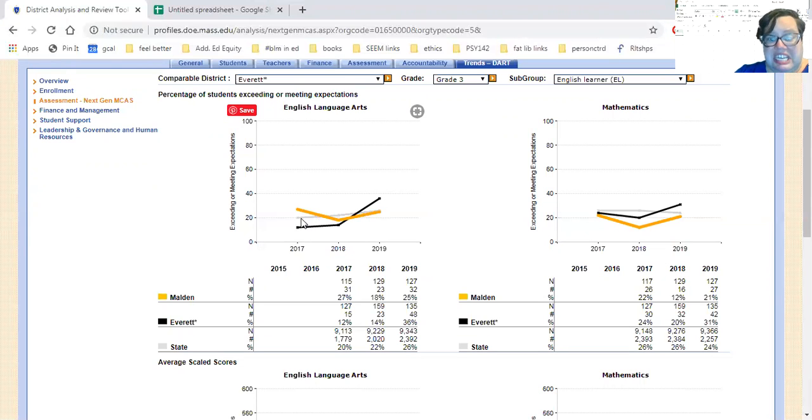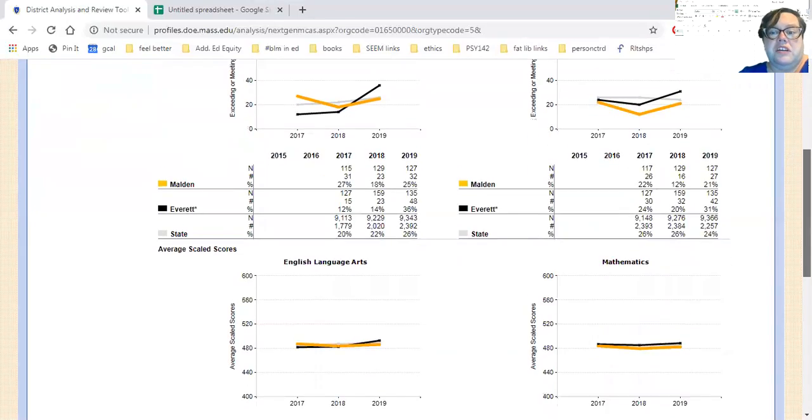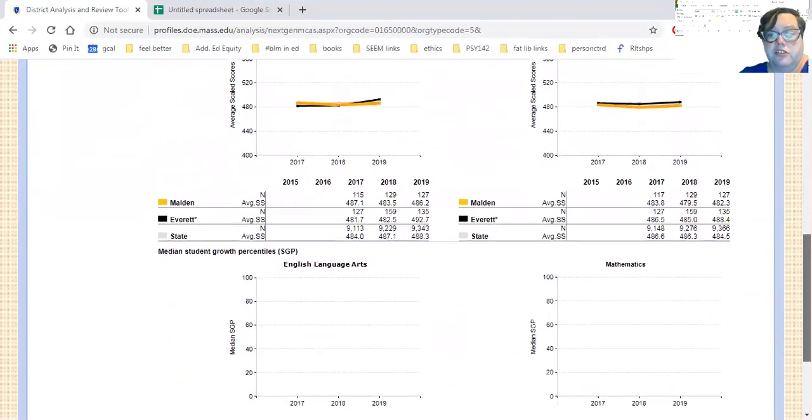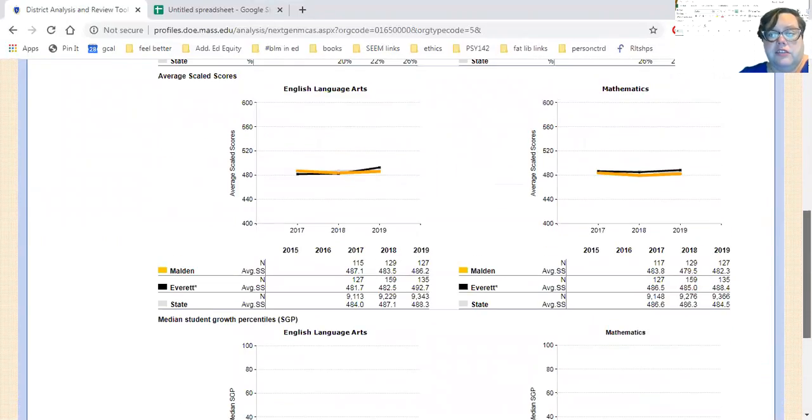The state is also pretty low, and this is helpful to see, right? This whole state only got all the way up to 26% of English learners meeting or exceeding third grade ELA. So these numbers aren't great, but they're pretty on trend with what the state looks like.